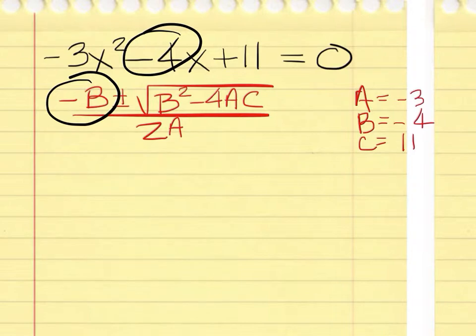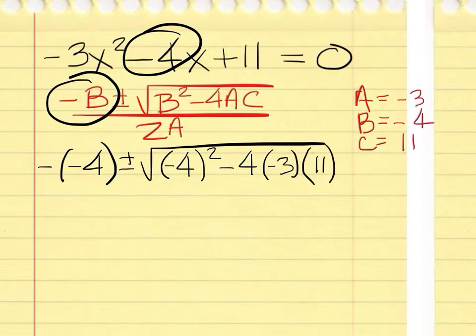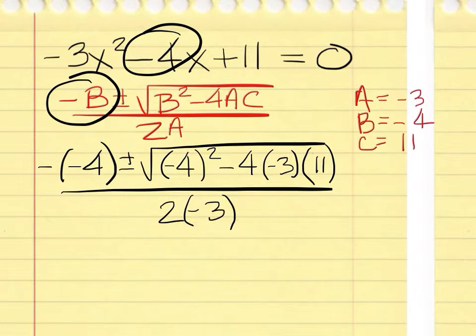If I put -4 in for B, I have a -4, plus or minus the square root of the quantity squared of -4, and then minus 4 times A times C, over 2 times a -3.